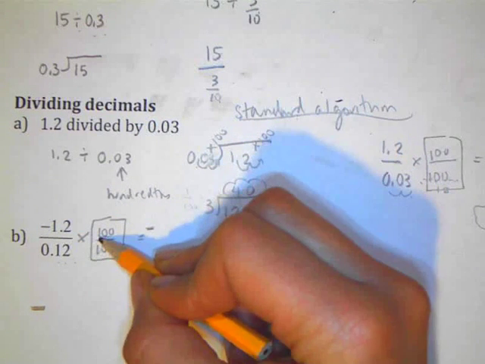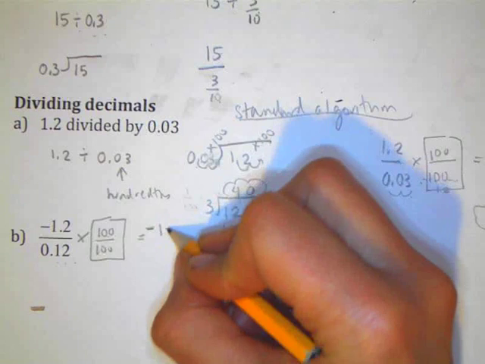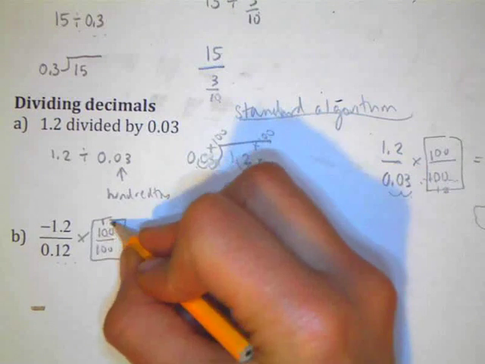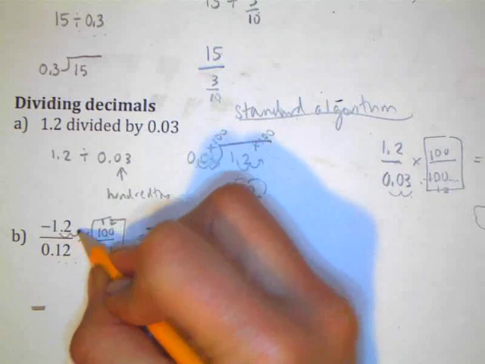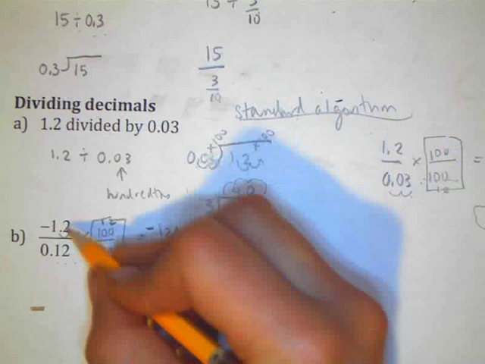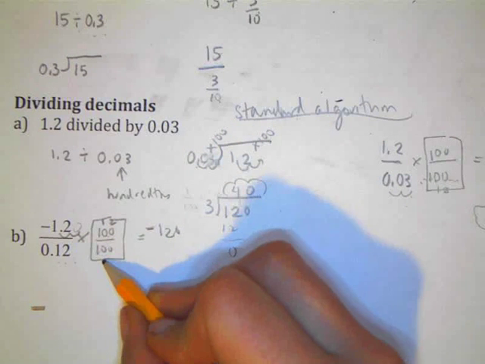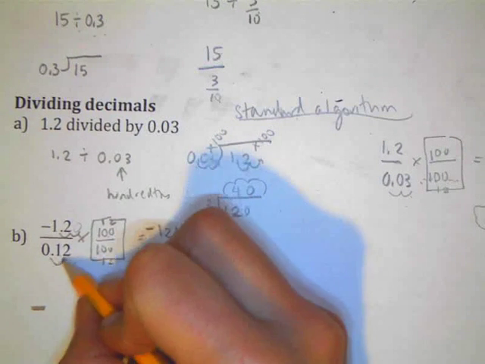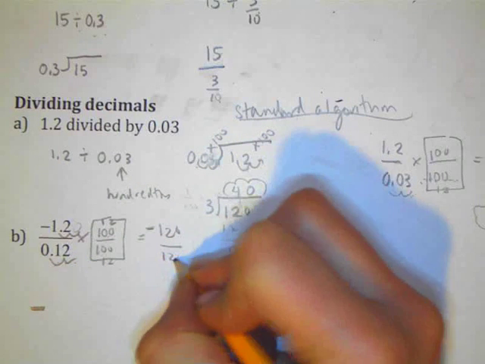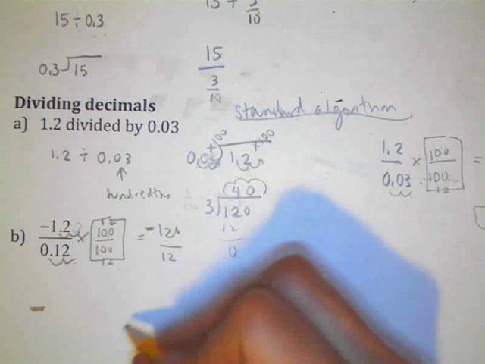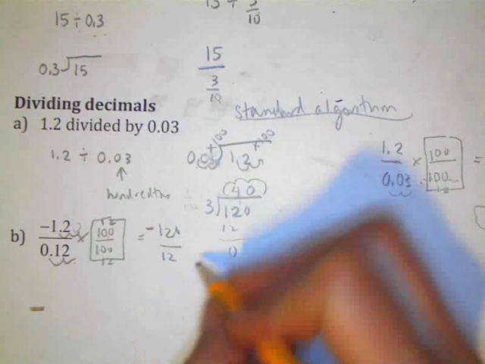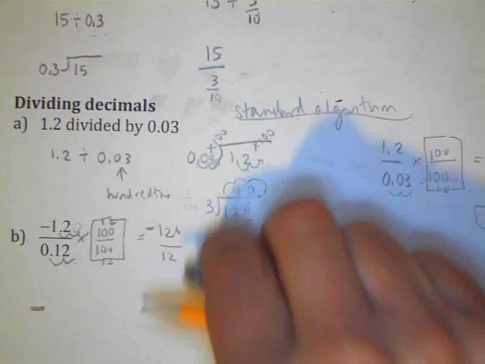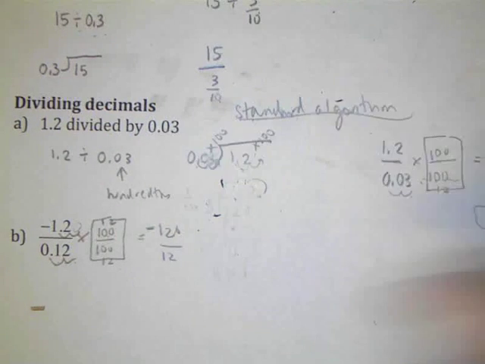1 times 100 is 100, so this is going to be 120. Once again, I can think about taking my decimal and moving it 2 places, getting bigger, 120. I can think about getting 12/100 times 100, getting 2 places bigger. So this is over 12, and now I've got 120 divided by 12.